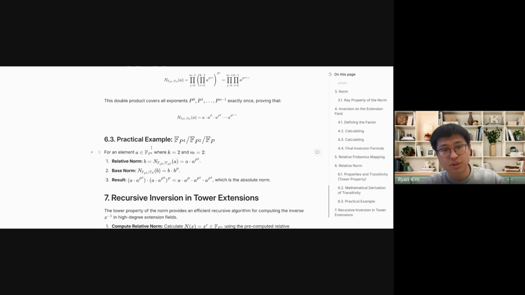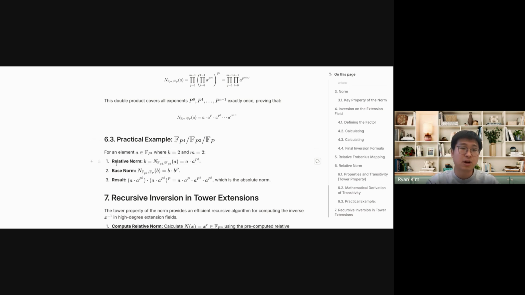And I also give you a practical example, the field that we have a problem with. So the Mersenne 31 quartic extension field will be constructed from the Mersenne 31 quadratic extension field, which is constructed from the Mersenne 31 prime field.